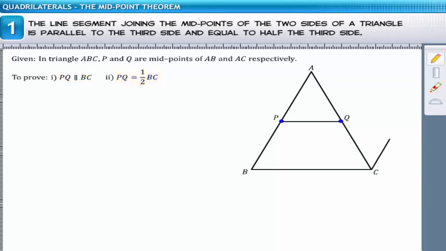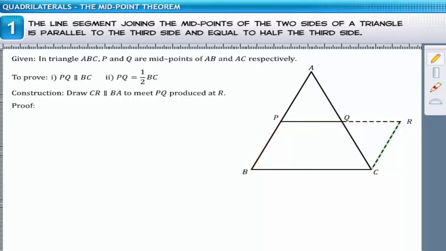Draw a line CR parallel to BA such that it meets PQ produced at R. Here, we'll prove that the quadrilateral BCRP is a parallelogram. Let's begin with the proof.